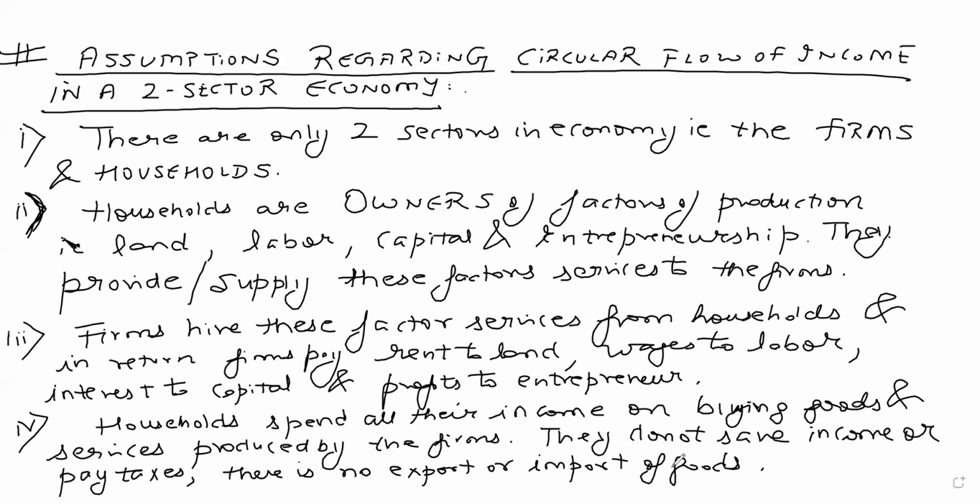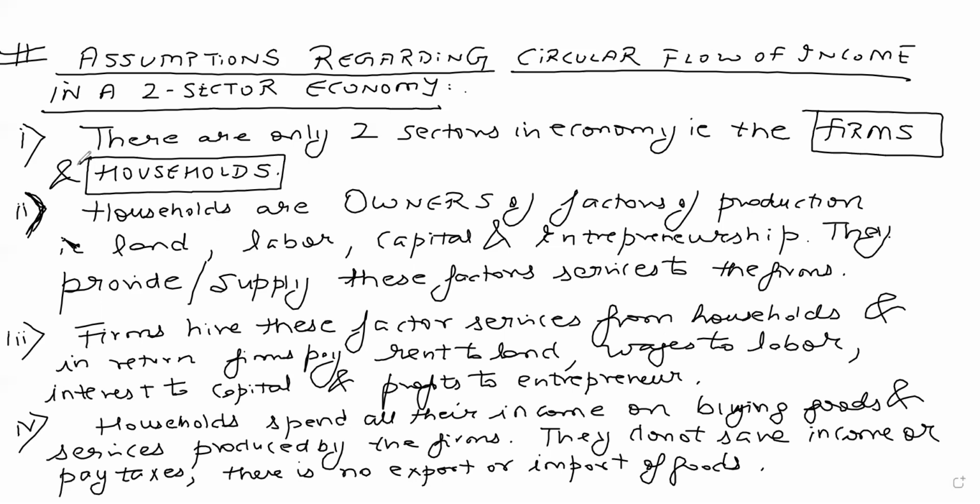So students, in the two sector economy, there is no government. We only have the firms and we only have the households. Now, since there is no government, there is no point of having taxes, because taxes are paid by the firms or the households to the government. So clearly the households do not pay taxes. Households will consume all their income.